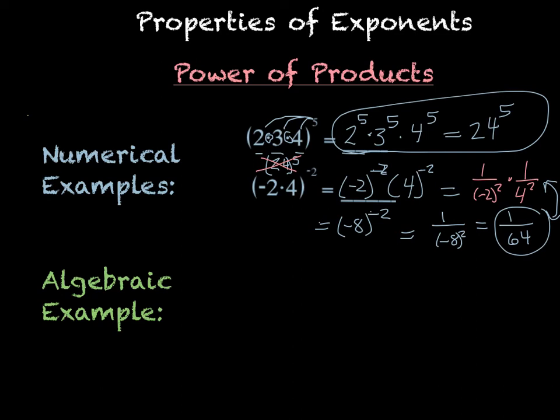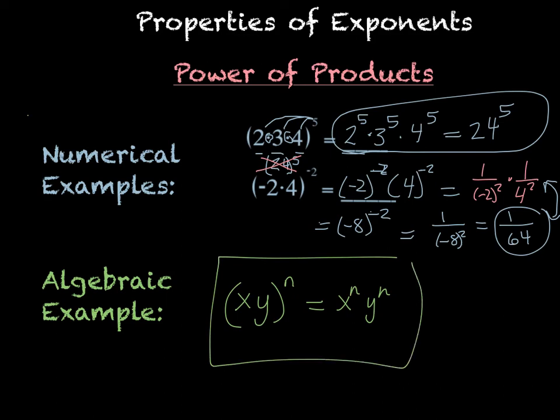Now the algebraic example: x times y, to the power of n, is equal to x to the n power times y to the n power. And then you do whatever you need to. So there you go.